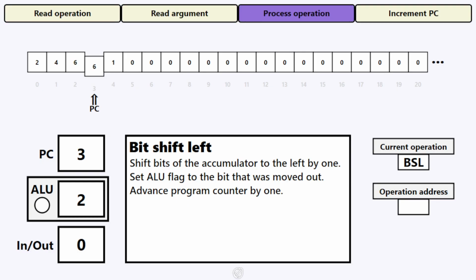So we get 4. Bit shift is working in binary, so base is 2, so everything shifting to the left means multiplying by 2.